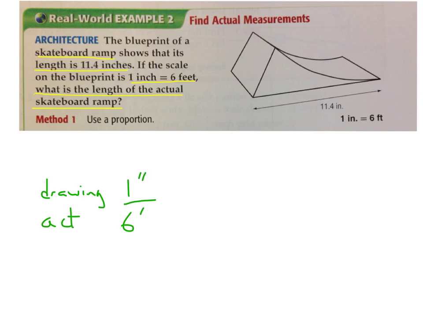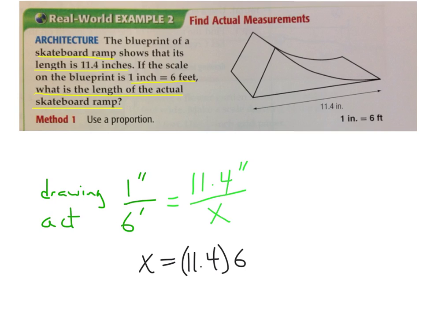Now I'm looking for the actual length of the ramp. So I can see in the model it is 11.4 inches. So I'm going to create a proportion. That's where the model is 11.4 inches, and I'm looking for the actual. So I'll put X in there for that. So now I can create an equation here, and I do that by doing my cross products.